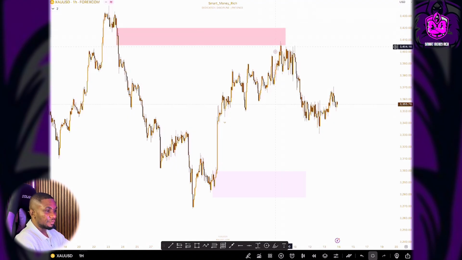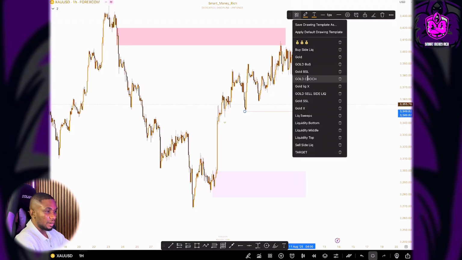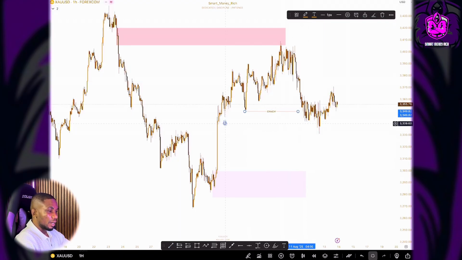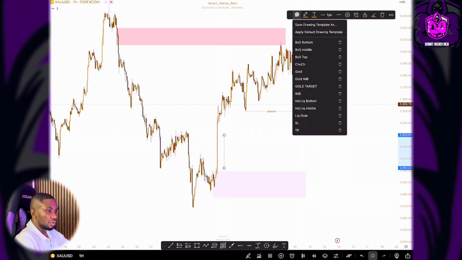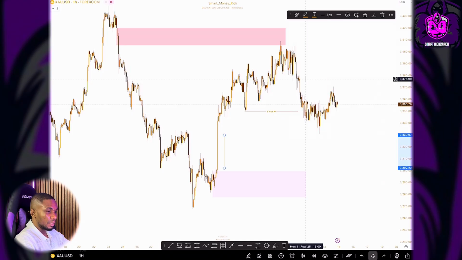And you see that after that mitigation, we had a shift to the downside, which we can clearly say is a change of character on gold. And if you look to the downside, you will see that all of this is an open imbalance, right? This is an open imbalance that has not been filled on gold, so we call that imbalance.